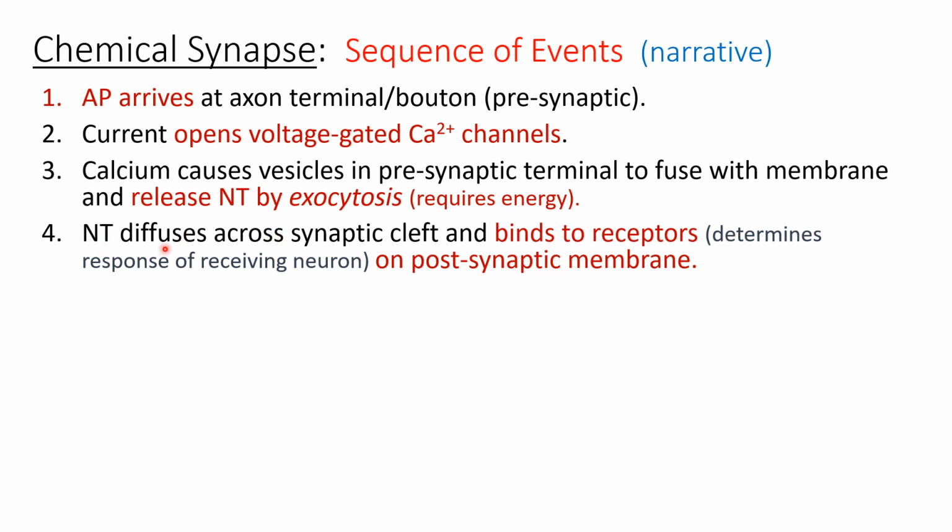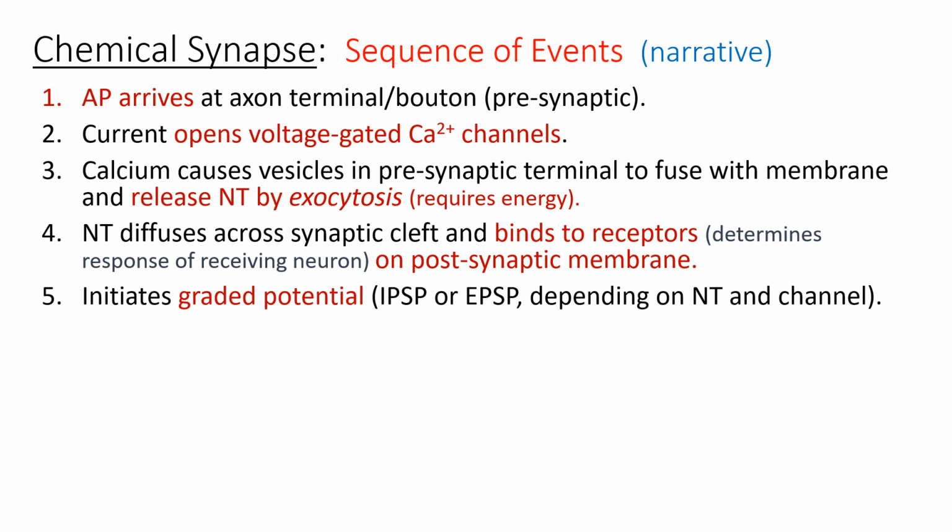The receptors can determine the type of response that you get. It could be a voltage change. It could be a behavioral change, all sorts of things. That's the postsynaptic membrane. If it's a neuron or maybe a muscle, it'll initiate what we call a graded potential. I've mentioned that phrase before. So you're getting a voltage displacement on the downstream cell. That could be a muscle cell, or another neuron.